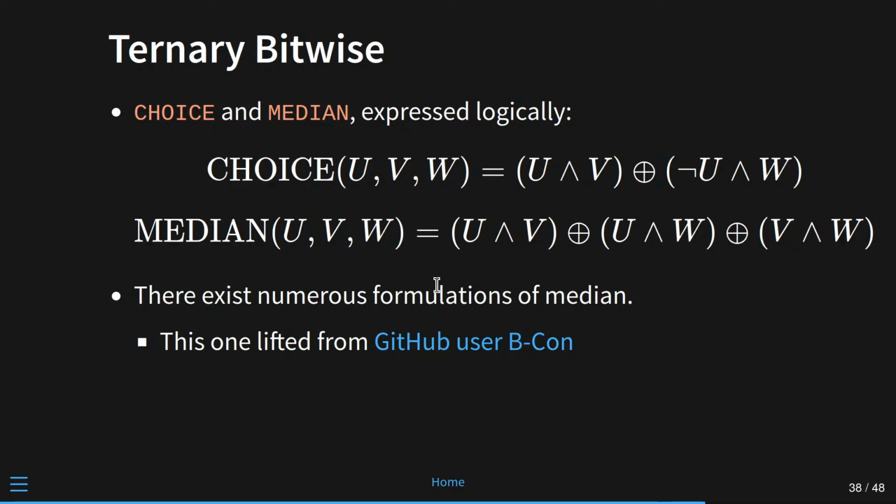Median I thought was super cool, and median also helpfully scales to more than 3 words, right? But it only works on odd numbered words, right? So this is if any 2 bits are set, then median is true. So the median is sort of the most popular of the bits from the 3 words. Why are these useful?